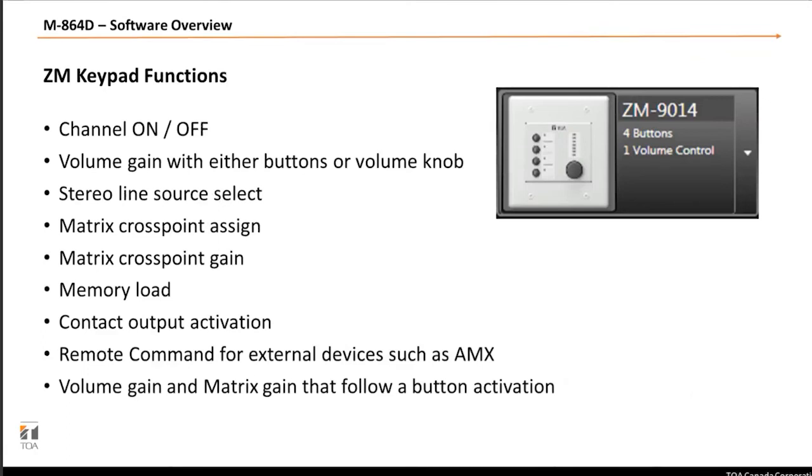So what you can do with the ZM controllers, here we're illustrating the 9014, which is one of our most popular remote controllers. We have 4 assignable buttons and a pot for the volume there. So you can be selecting channel on and off. Obviously, you can control the volume. You can select different sources, be it mono or stereo line. You can control a cross point as well. You can load up a complete scene also from one of the assignable buttons.